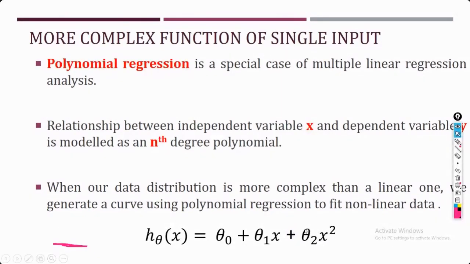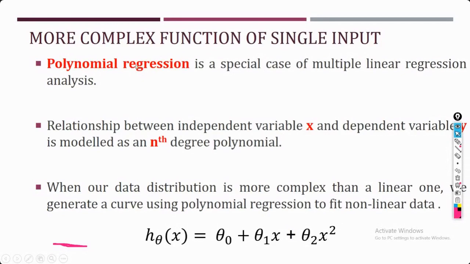From this equation, you can relate. Here we have only one input, the input is x, but the dimension has increased from 1 to 2, and we are modeling with respect to 2.